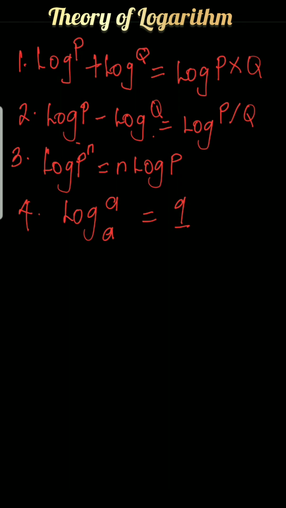The next law I want to talk about is log a base a equals to 1. What this means is the logarithm of a number in the same base is equals to 1. When the number and the base are the same, then you have a value of 1. For instance, log 10 base 10 is equals to 1. Log 20 base 20 equals to 1. Log x base x equals to 1.